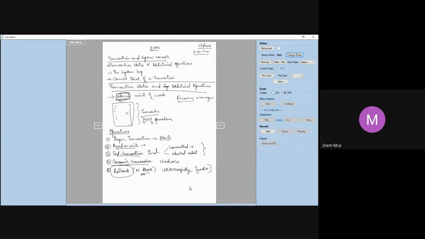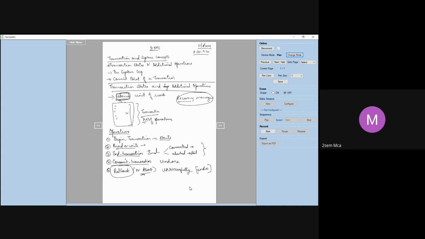For the purpose of recovery, the system has to keep track of when the transaction started, when it terminated, whether it committed or aborted, whether it got killed, whether it failed in between. So what exactly happened before the transaction completed or failed, all this information is kept track of by the recovery manager.